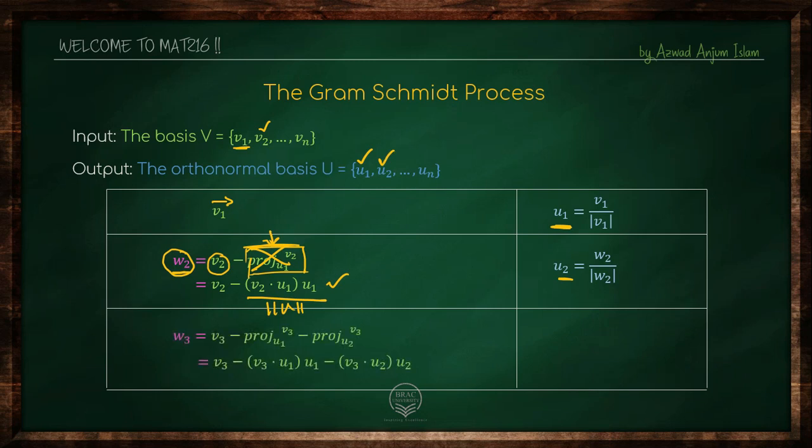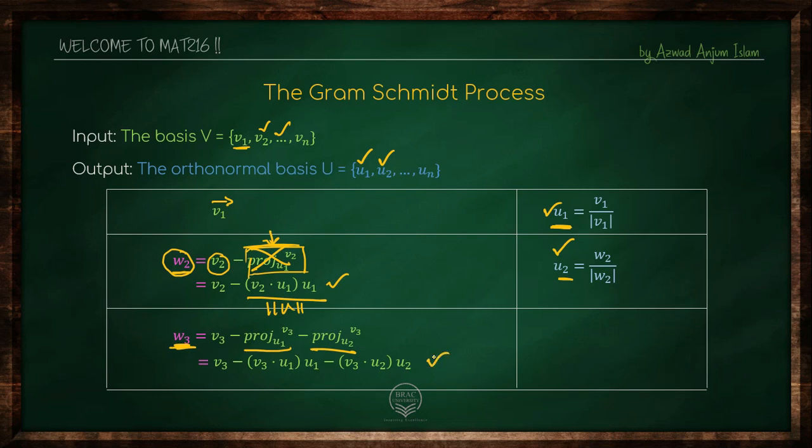Similarly, for w3, we are going to take v3 and get rid of its projection on u1, because this part is covered by u1 already. The projection on u2 is covered by u2 already, so we are getting rid of that too. Whatever we are left with is going to be perpendicular to both u1 and u2. Similarly, as both are orthonormal, the projection formula is very simple.